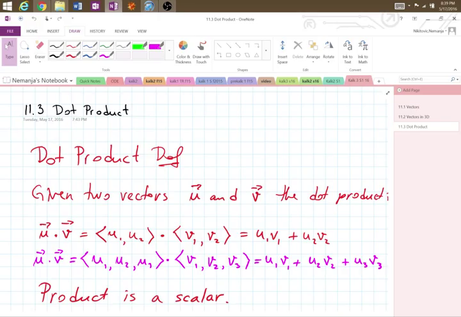If you ask me what we actually get when we multiply, we get a number, the same thing as when you multiply 3 times 5, you get 15. When you multiply two vectors in the dot product, you get 15 or 19 or whatever. The definition: u dot v is equal to u1 v1 plus u2 v2. You always multiply the corresponding components and then add all of the products. It works in any dimension, and the product is always a number, a scalar.